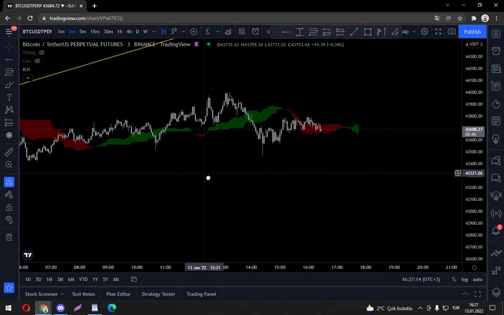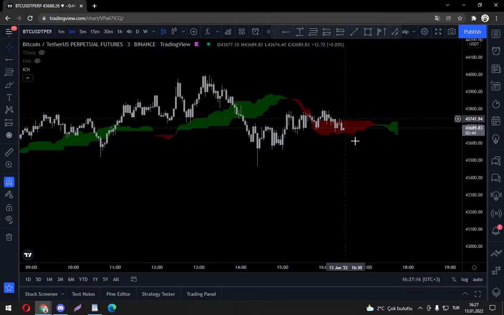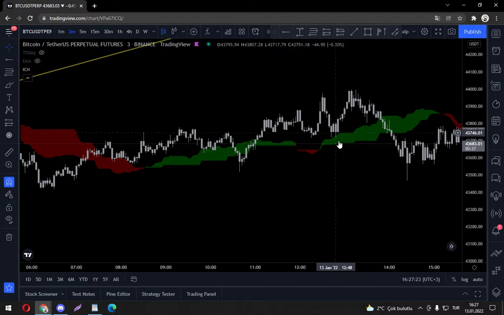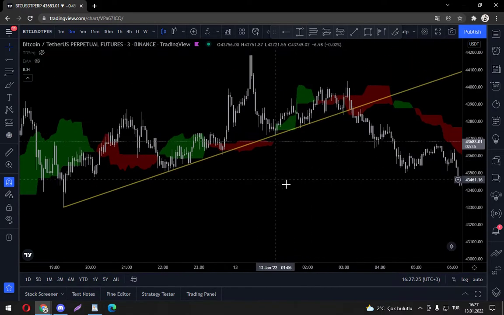As you can see, now what do we do when the prices are here? We are looking to sell according to the TD Sequential. Here we're looking to buy, and so on.